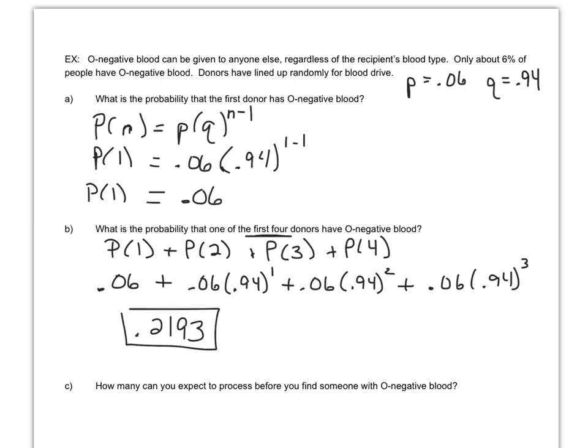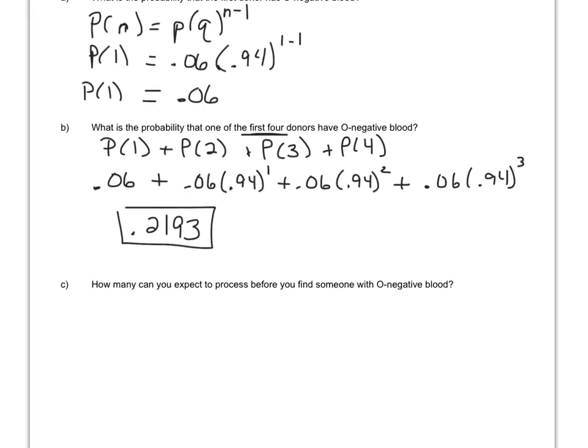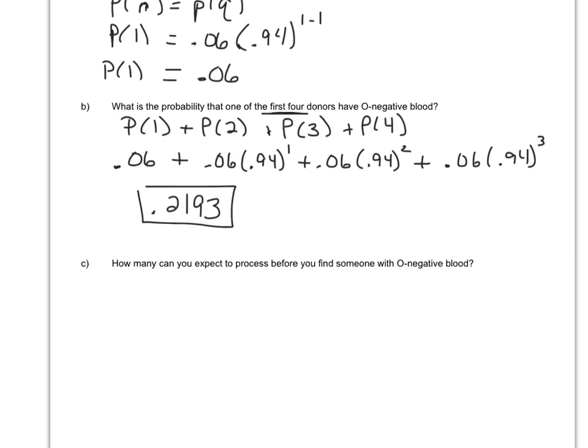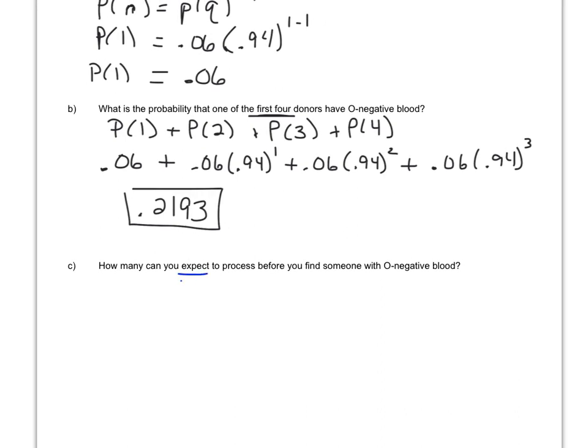Now we can actually figure out when we'd expect to see the first one, because obviously not very good chances in the first 4. So if we ask how many can you expect to process before you find someone with O negative blood, remember expected value is the same idea as a mean. So all we're going to really figure out, the expected number you'd have to see before you find an O negative, is just 1 over p.